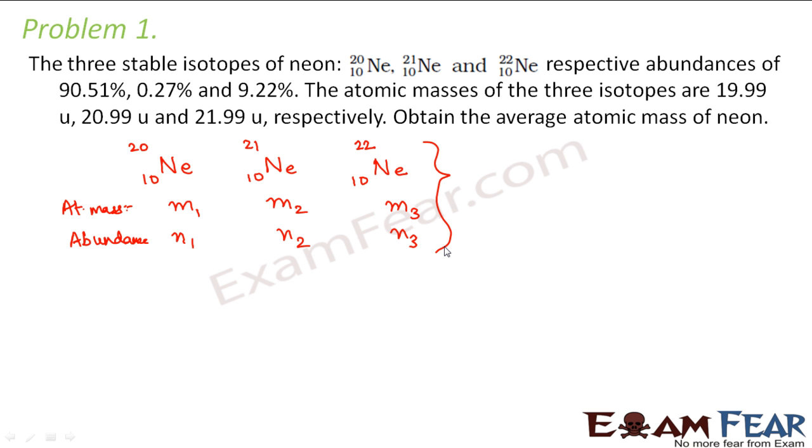Now think of it in this way. Let us suppose you have a sample, or a solution, that is nothing but a mixture of water, oil and, say, kerosene.